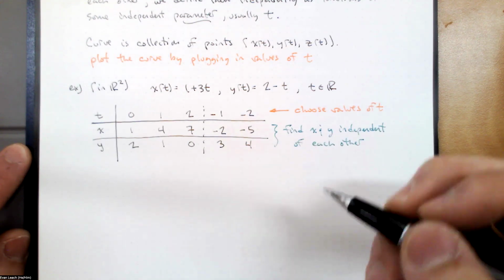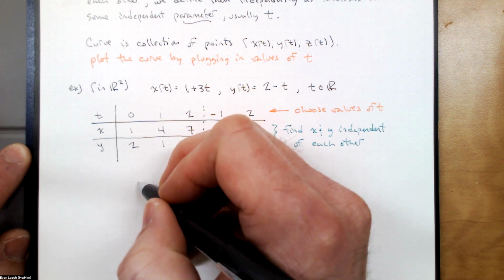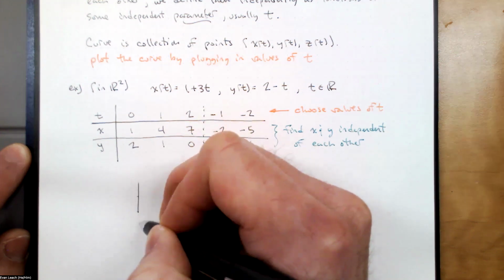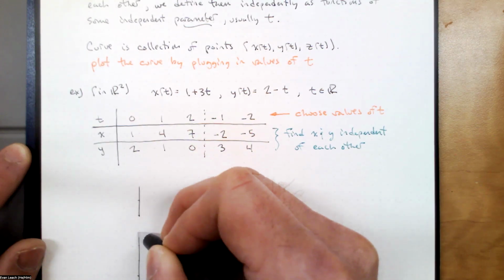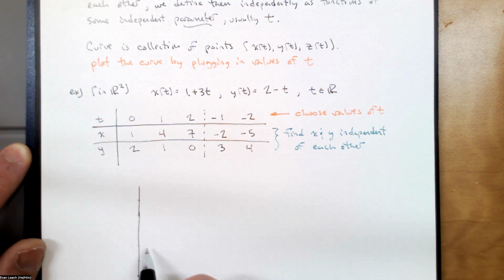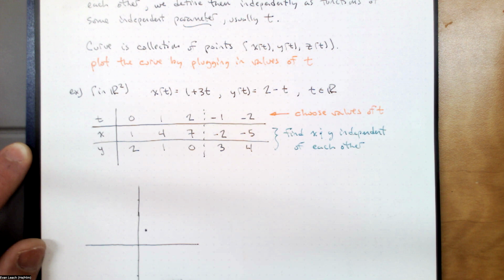So I've got the point. When t is 0, we're at the point 1, 2. When t is 1, we're at the point 4, 1.